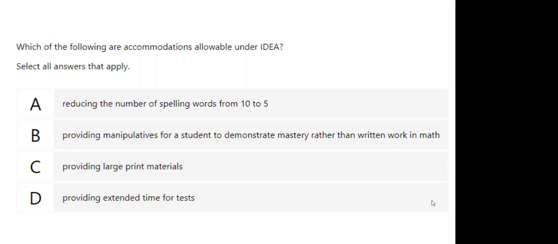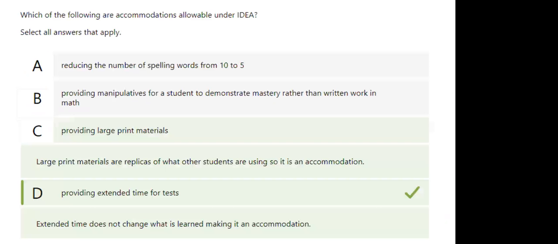So the correct answer to this question is going to be C, providing large print materials or replicas of what other students are using. So it's an accommodation. Providing extended time for tests. We know extended time does not change what is learned, making it an accommodation. The other options are modifications.